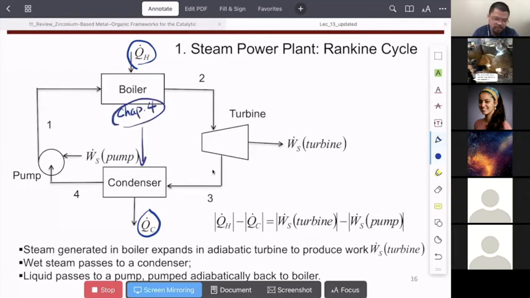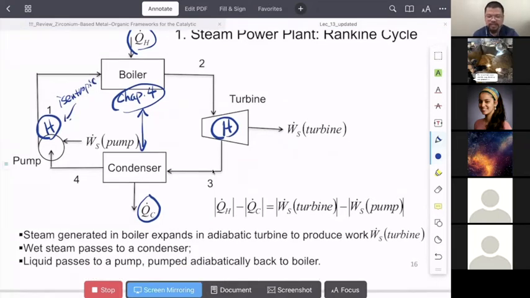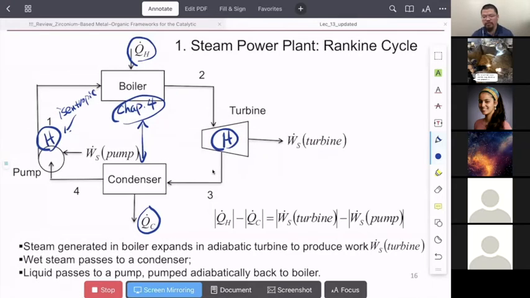And over here, this is the enthalpy calculation, and we have to utilize the isentropic process for both units. Okay. So now with that, we shall be able to solve any steam power plant or heat engine processes.